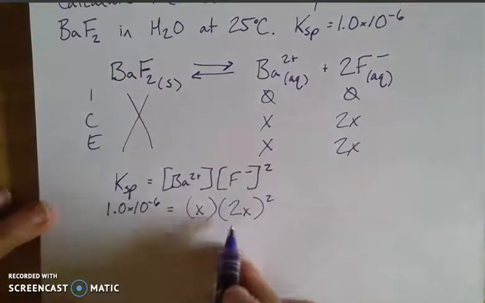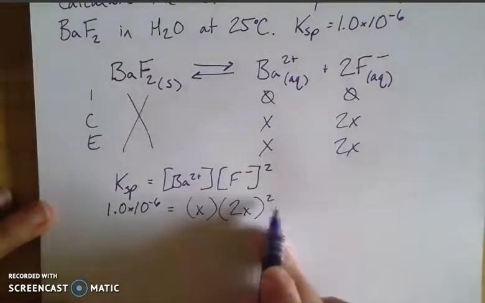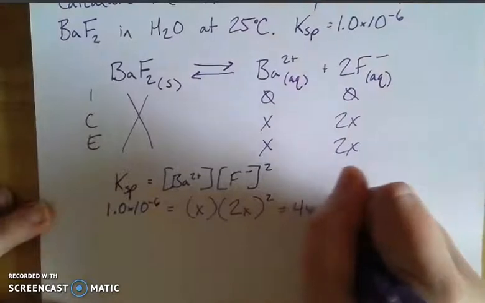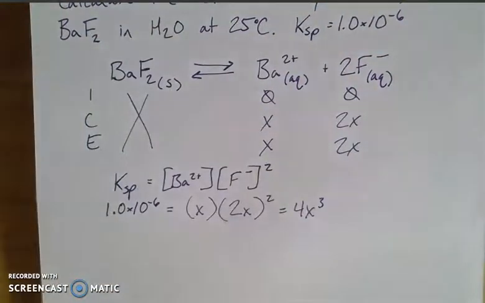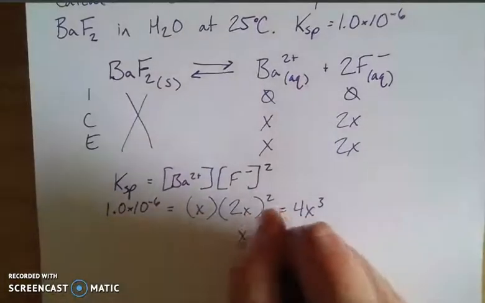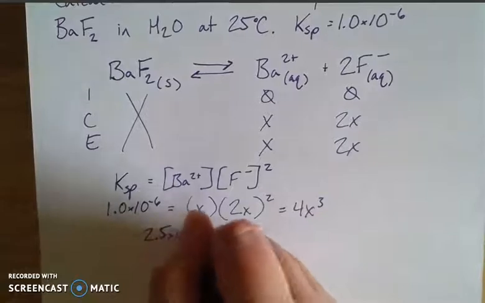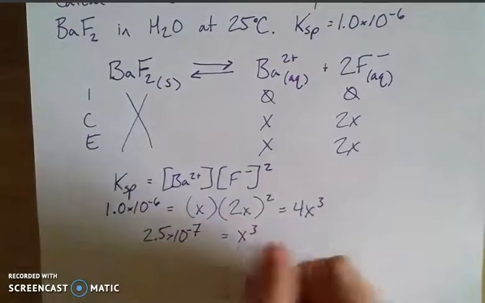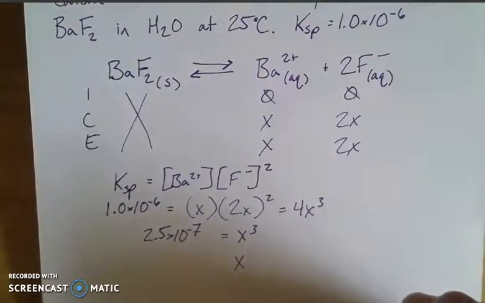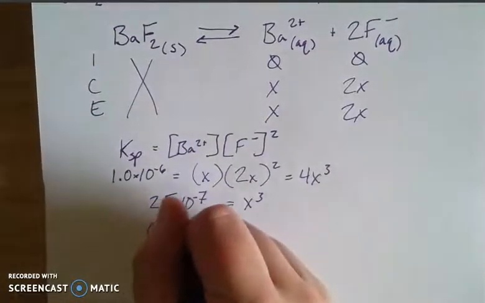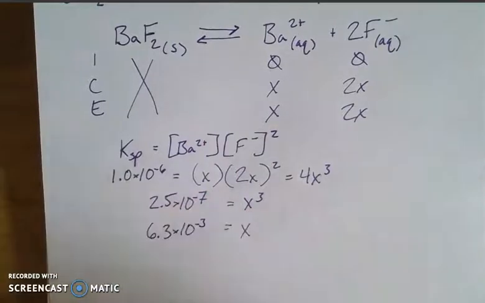So now 2 squared is 4, x squared times x gives me 4x cubed. When I divide both sides by 4, I end up with x cubed is equal to 2.5 times 10 to the negative 7th. And you take the cube root of each side, and you end up with x equal to 6.3 times 10 to the negative 3rd.